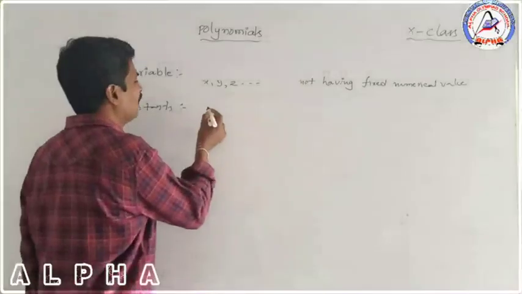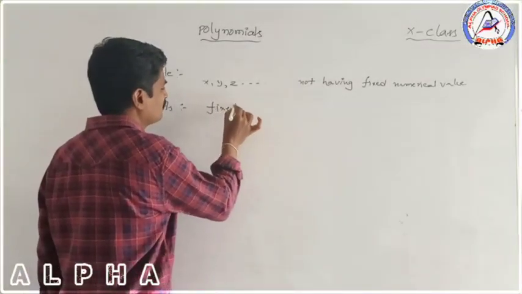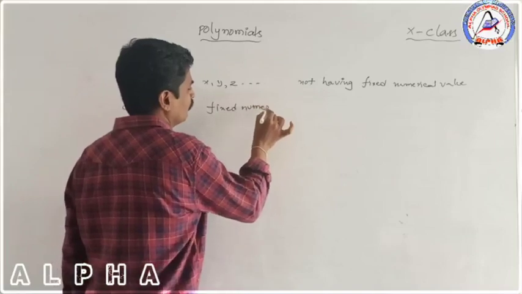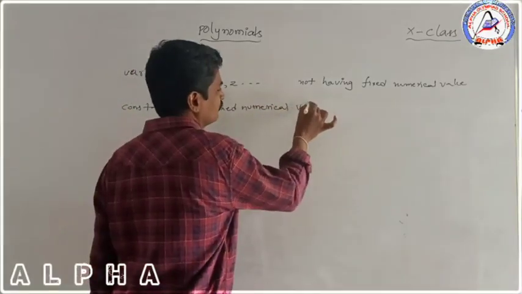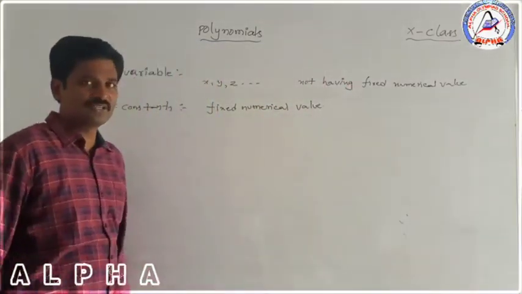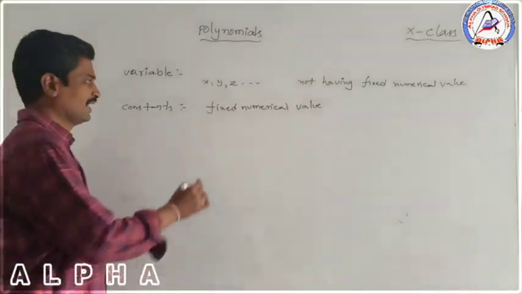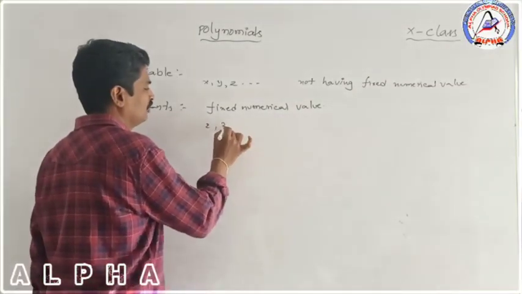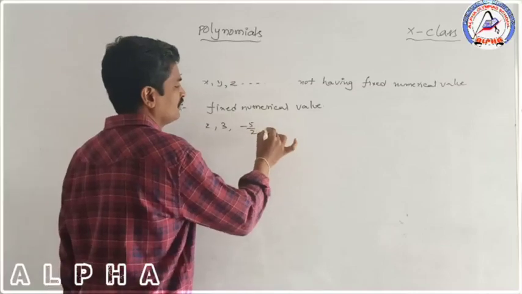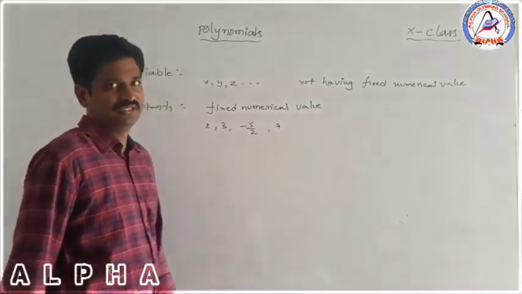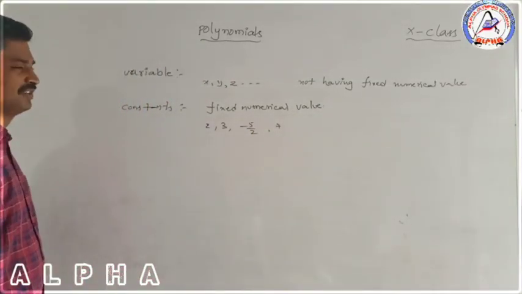Constant means they have a fixed numerical value, like 2, 3, minus 5 by 2, 7 and so on. These are called constants.